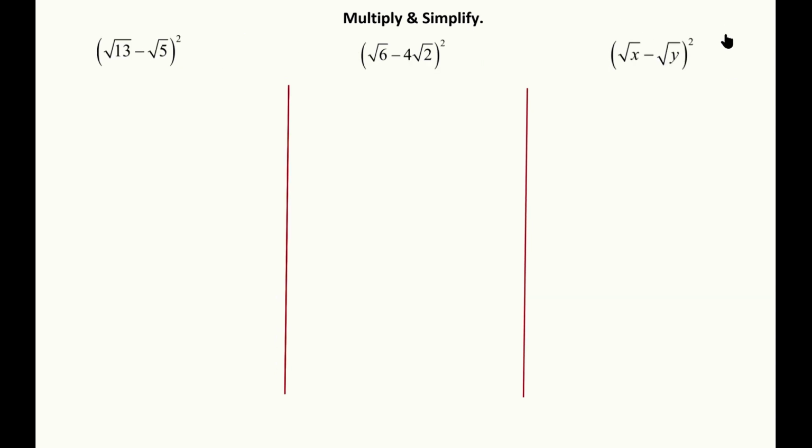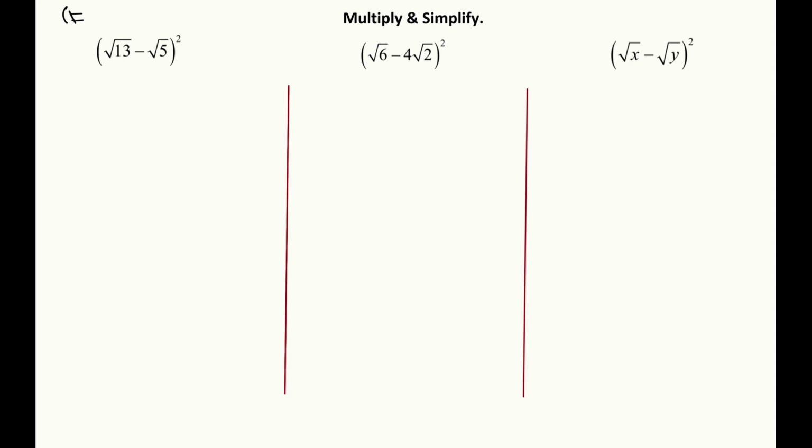Okay, let's try these square expressions now. Even though we can write these out twice and just multiply them like we did with the previous problems, it is much more efficient if you recall this rule from the past, the square of a binomial rule.